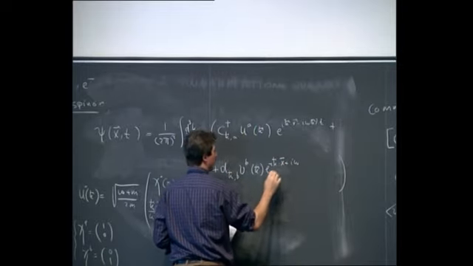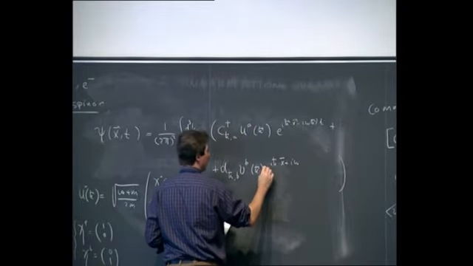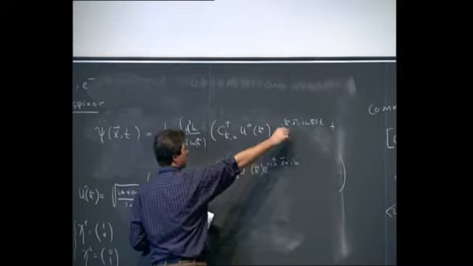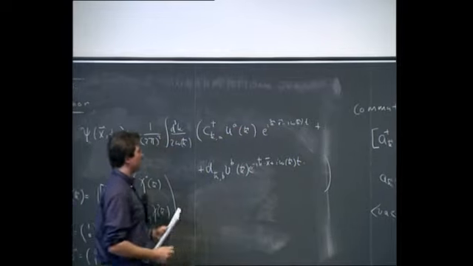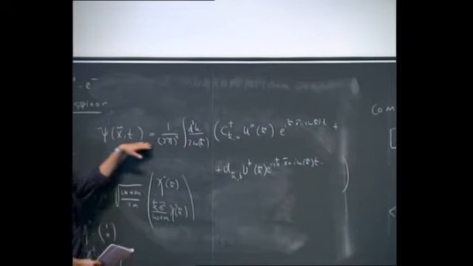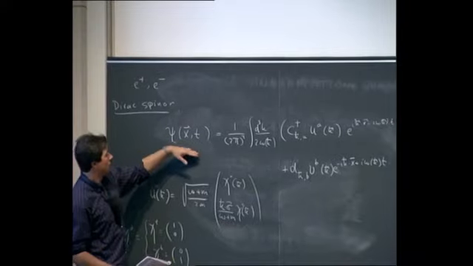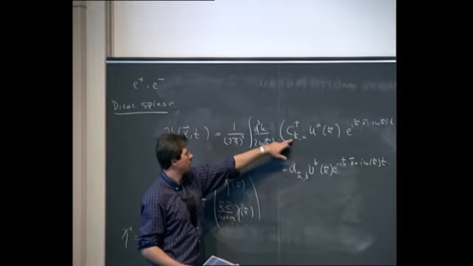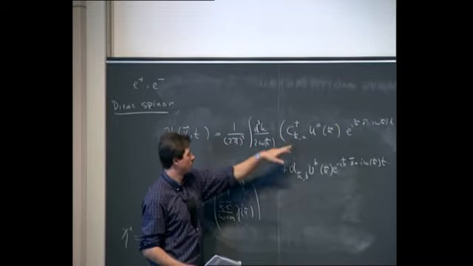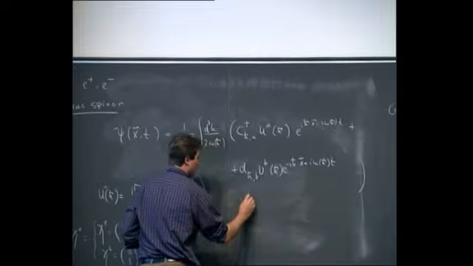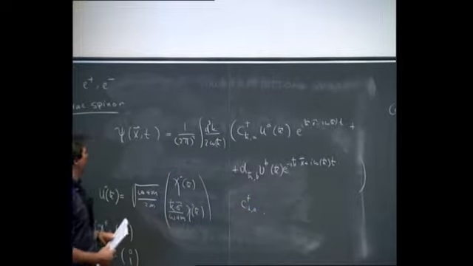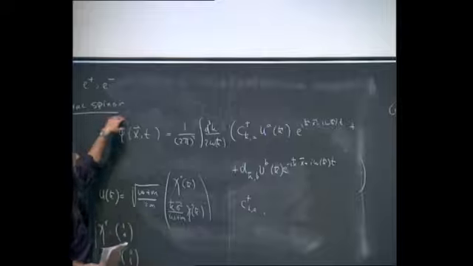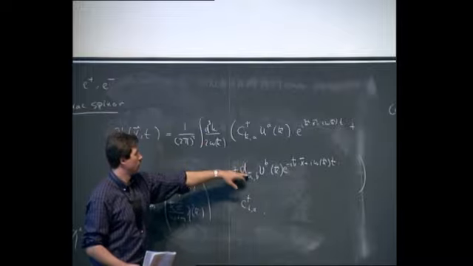Sorry, it's positive frequency, so I'll take the complex conjugate wave here. And so from this expansion of this Dirac field, I get two sets of operators, namely the sets of operators which are called C. And actually expanding its complex conjugate field will give me the other Hermitian conjugate operators of these.